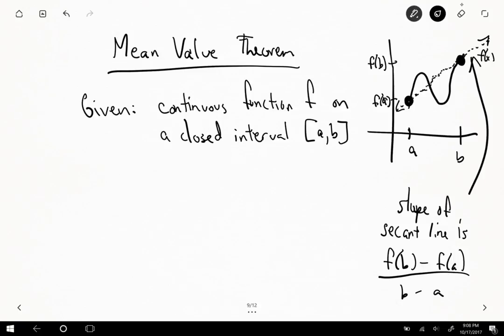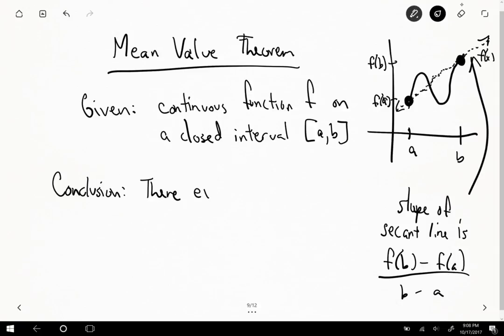So yeah, back to this mean value theorem, what is actually happening here? Well, when we take a look at this, we have this f of b minus f of a all over b minus a. That's the slope of the secant line. What the mean value theorem states is our conclusion.